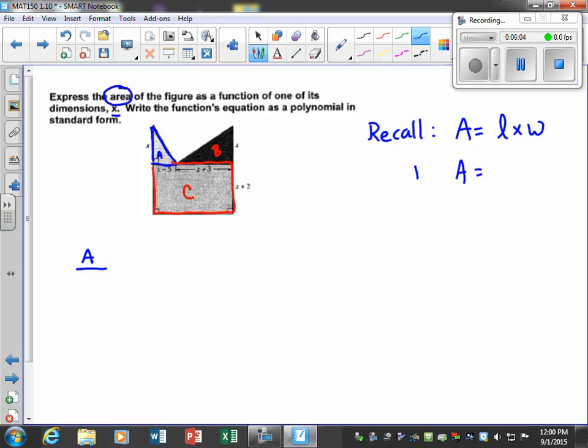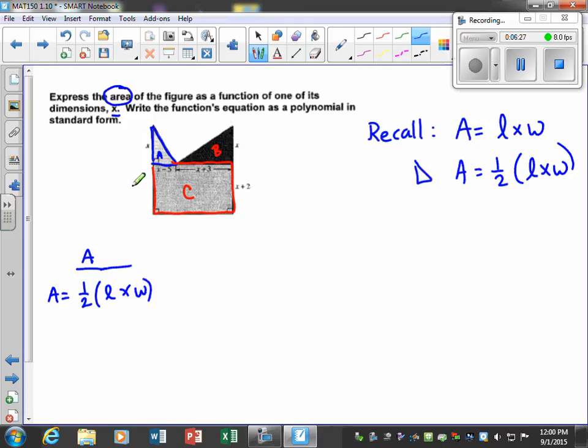Area for a triangle is equal to half times length times width, or half of the base times the height. We remember that from algebra. So area is equal to half times length times width.